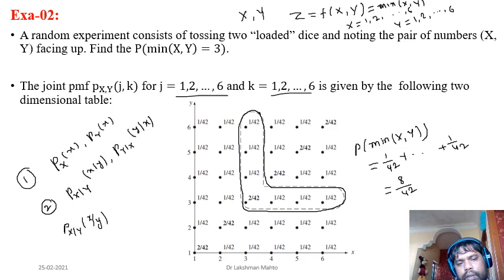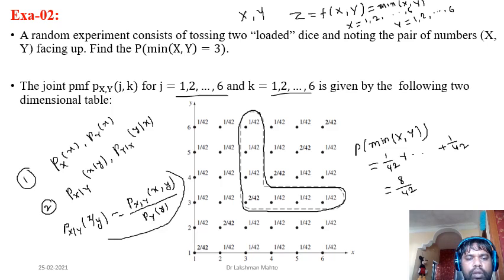It comes from the definition of conditional probability. Elementary probability is very interesting. The conditional PMF of x given y can be defined as the ratio of the joint PMF of x and y divided by the corresponding marginal PMF of y, because you put the condition through y, so you divide by the marginal PMF of y, through which you put the condition. That probability mass function comes in the denominator. This is the definition of the conditional probability mass function.